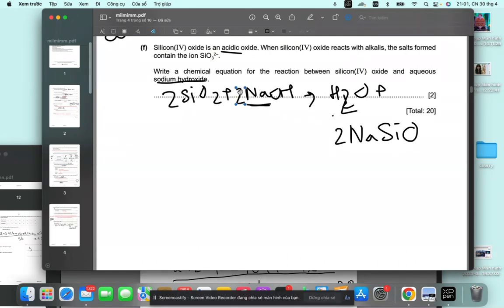It's not 4 yet, so let's rebalance this. Oh, I'm missing 3 over here. Na2SiO3. So we would have 2 Na over here. Na2 is not 2 Na, it's Na2.